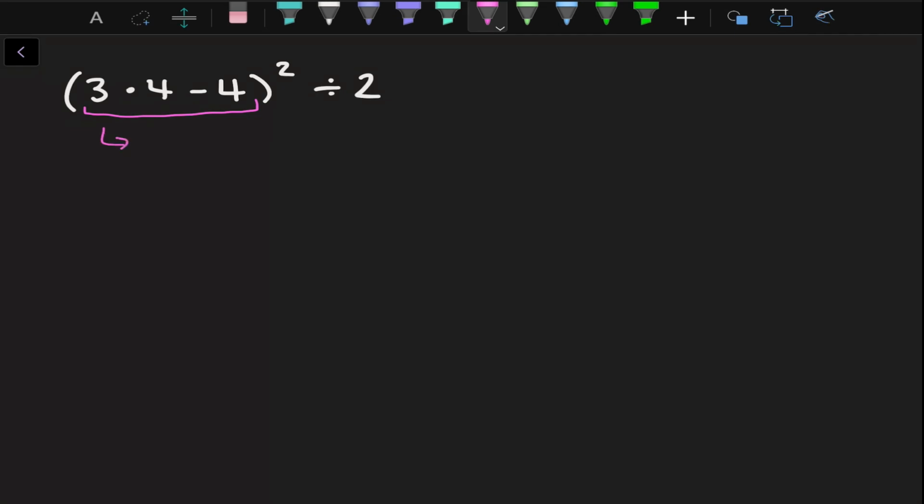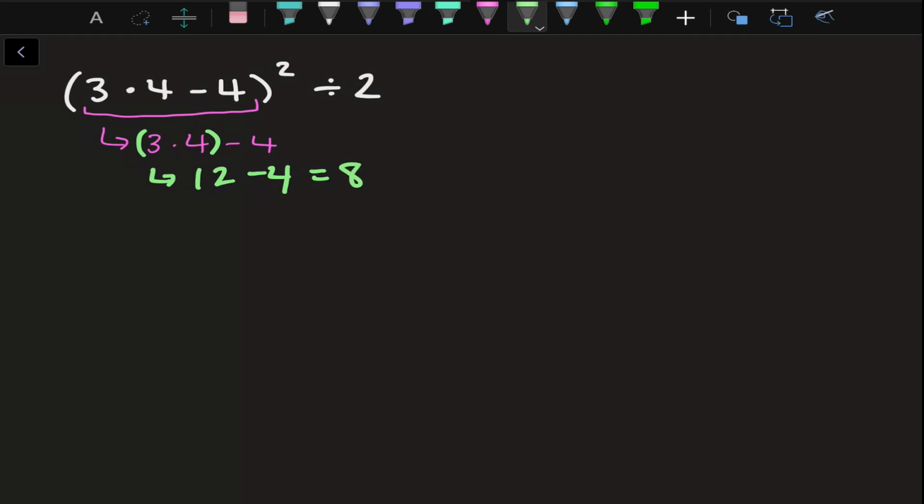So now I have 3 times 4 minus 4. Now again, I have to use BEDMAS, no brackets, no exponents, but I do have some multiplication. So that means that this is going to get done first, which means I have 12 minus 4 in my brackets, which ends up being 8.